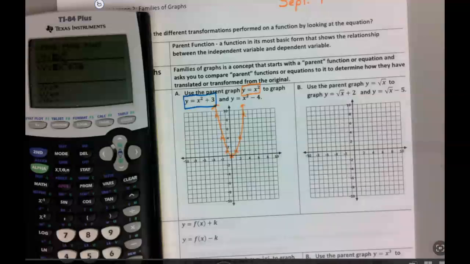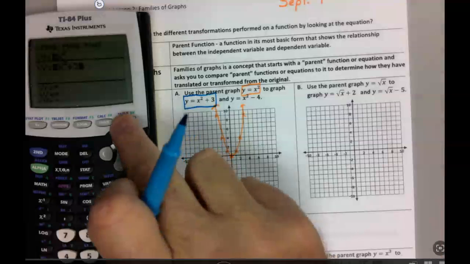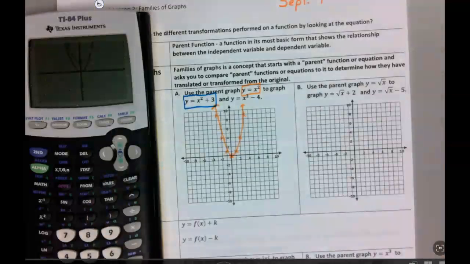Okay? And hit graph, top right-hand corner. And what do you notice that happened? What did it do to the graph? It shifted up how many units? Look at how many units? 3. Does everybody agree with me? It went up 3 units. It didn't change the shape at all, did it?